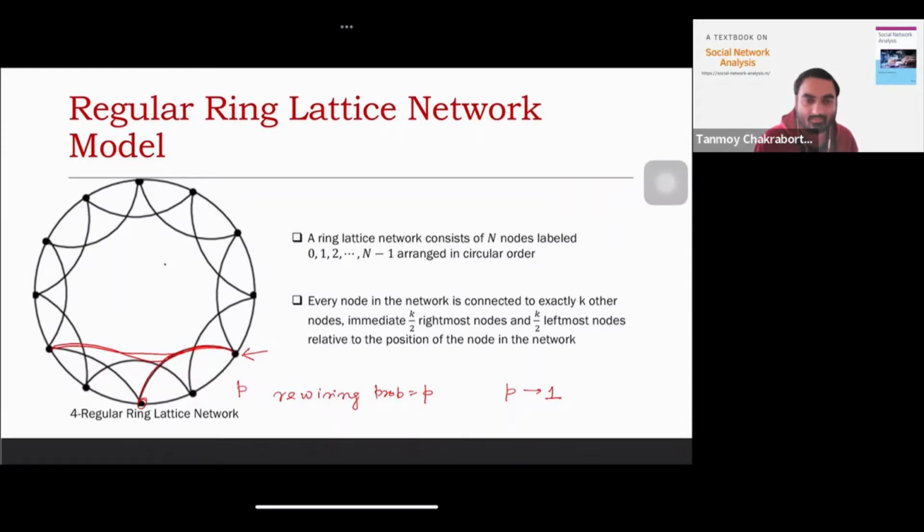So the total number of edges in the network will remain the same. So what does it indicate? It indicates the average degree will always remain the same, because we all know that the sum of degree is 2 times the number of edges. So the number of edges is fixed, therefore the sum of degree would always be fixed. Therefore the average degree would always be fixed. Clear?